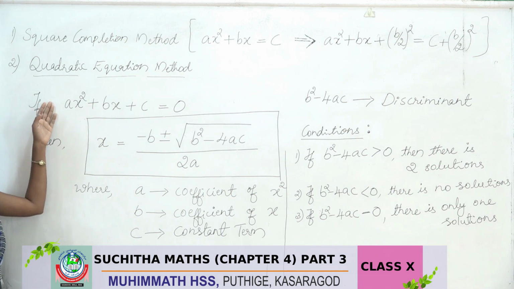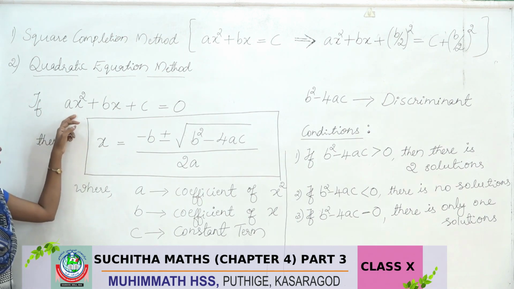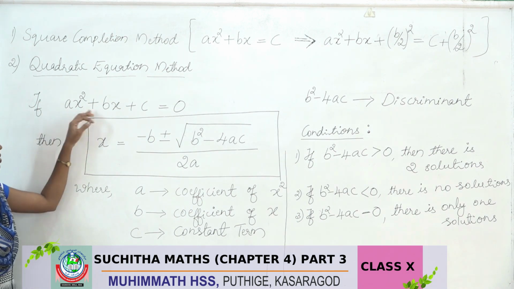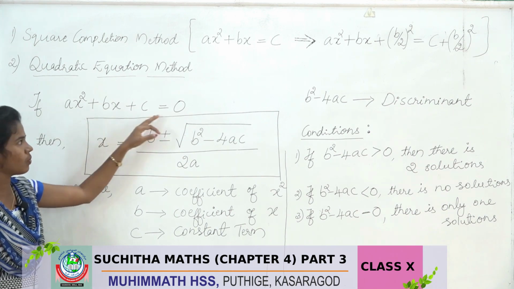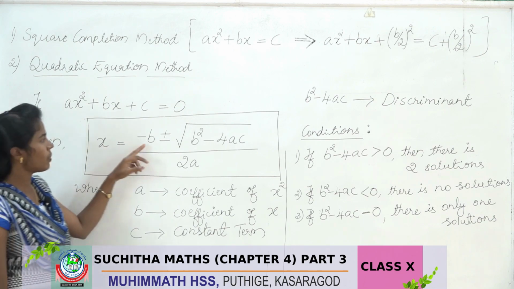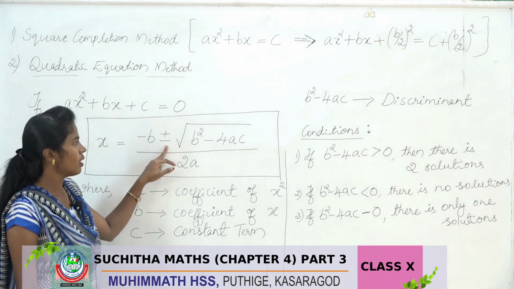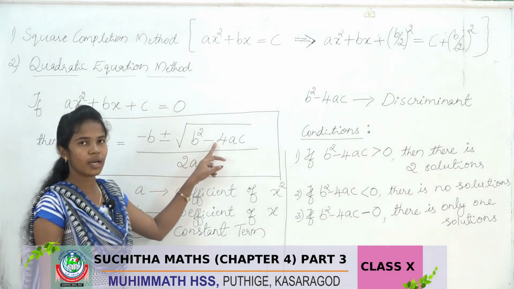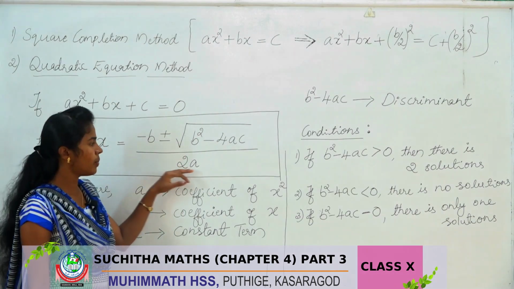The second degree equation is also known as the quadratic equation. If the equation is in the form ax square plus bx plus c equal to 0, then we find the value of x through the equation minus b plus or minus square root of b square minus 4ac divided by 2a.